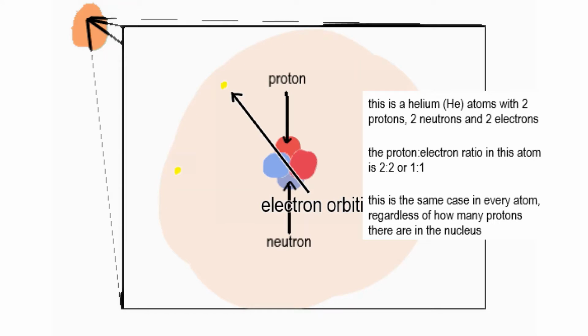There are different kinds of atoms, not just ones with 2 protons, 2 neutrons, and 2 electrons, as shown here. You can have 2 protons, 3, 4, 5, and so on. In every atom, the proton to electron ratio is always the same, 1 to 1. The protons and electrons come in equal numbers. We don't care about the neutrons right now.